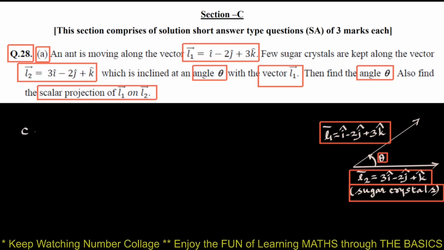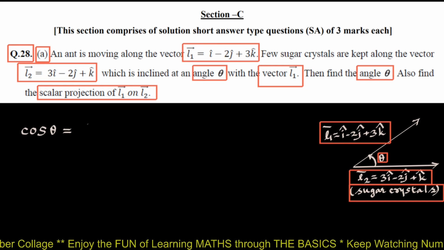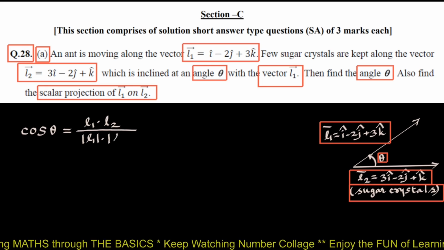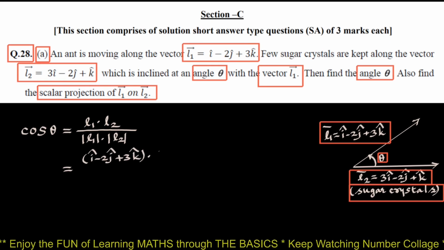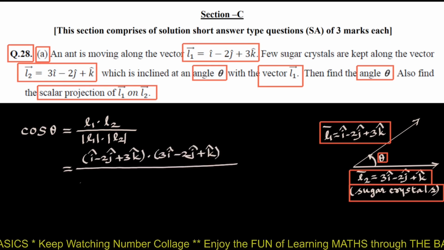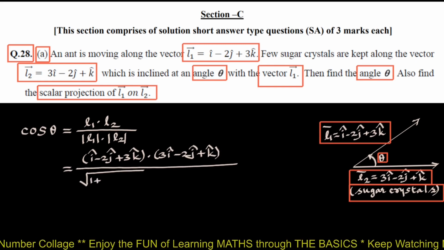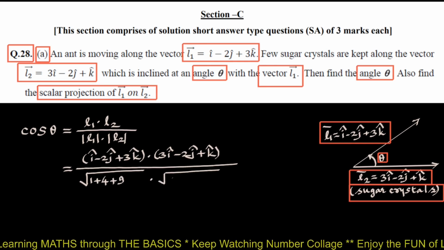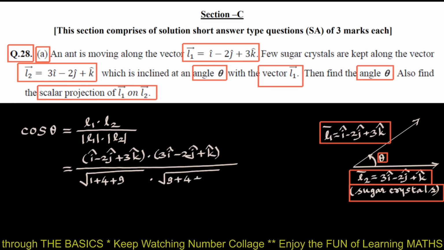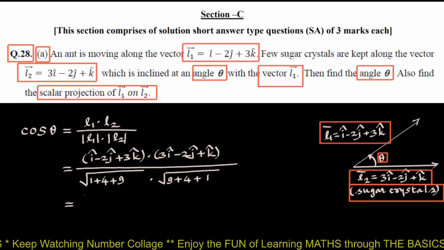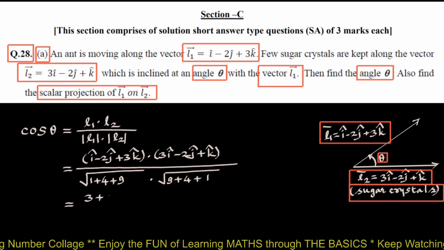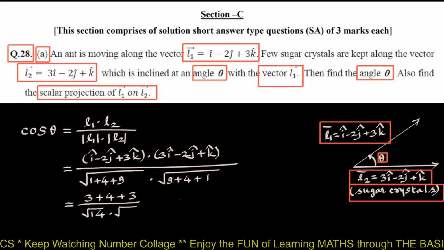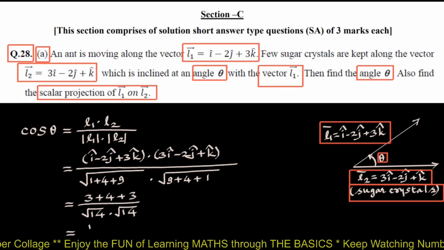We have the angle between two vectors: cos theta equals the scalar product of the two vectors L1 dot L2 upon magnitude of L1 into magnitude of L2, which is L1 dot L2 upon magnitude of L1, square root of 1 squared 1 plus minus 2 squared 4 plus 3 squared 9, into square root of 3 squared 9 plus minus 2 squared 4 plus 1 squared 1. L1 dot L2 is 1 into 3, 3, plus minus 2 into minus 2, 4, plus 3 into 1, 3, upon square root of 14 into square root of 14, that will be 10 upon 14, 5 upon 7.